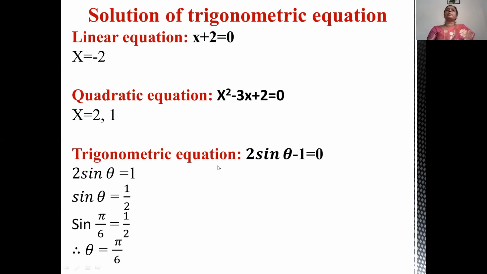Yes, it is very simple. Like in a linear equation, finding the value of variable x is the solution of the linear equation. In a quadratic equation, finding the value of the variable is the solution of the quadratic equation. In a similar way, finding the value of variable theta is nothing but the solution of the trigonometric equation.